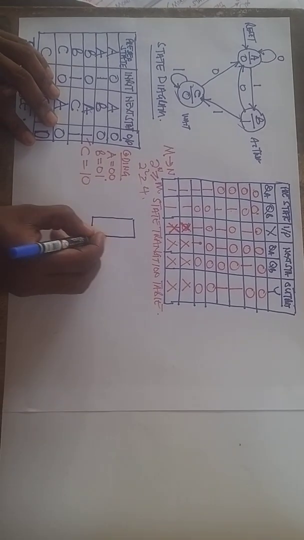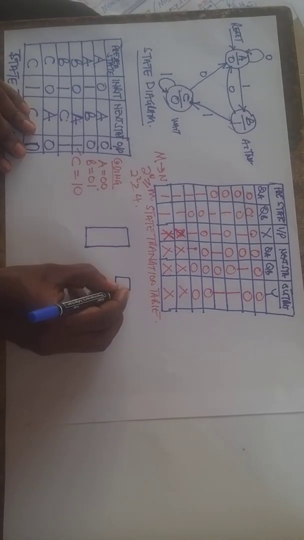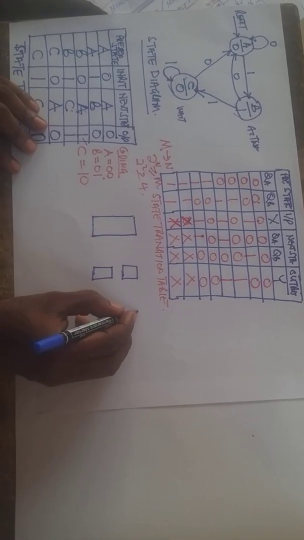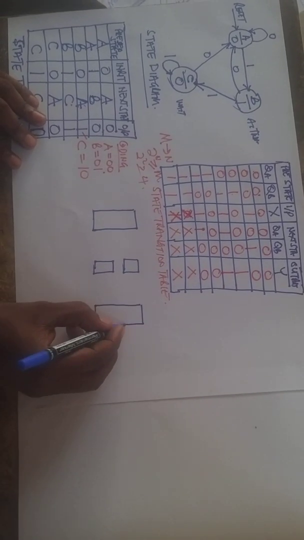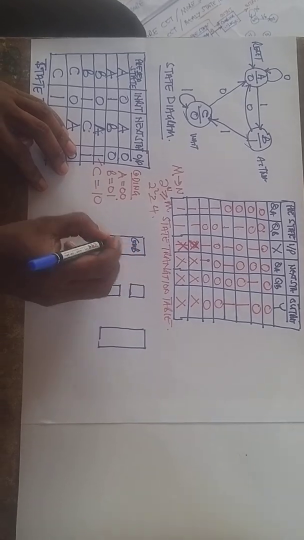We have two flip-flops, right? A and B. You can use one block, or I'll use two blocks, but you can use one block, no problem. Now, here is my combinational logic.